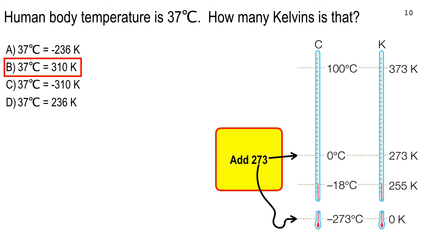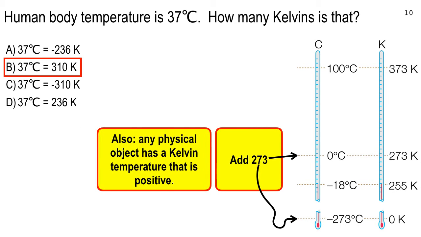Another thing I want to make a note of, we kind of alluded to it already. Every physical object in the universe will have a temperature, and it will be a positive number on the Kelvin scale.